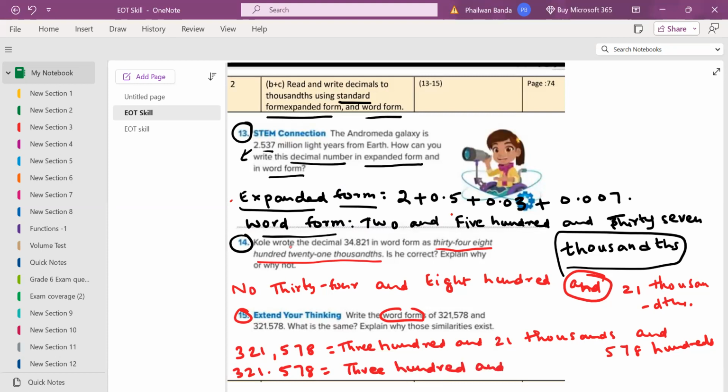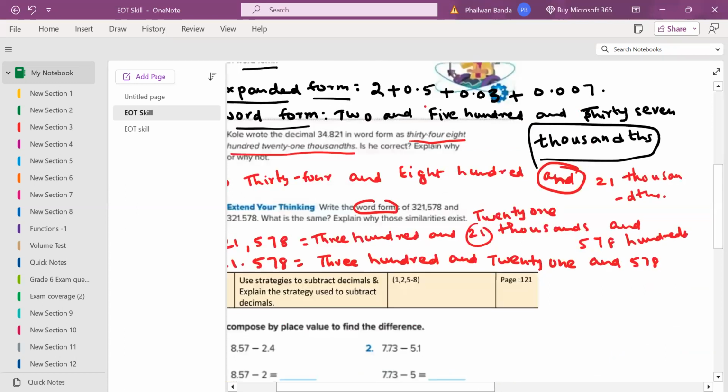321. Sorry, this 21 you can write like this because it's a word form. 21 and this 578 you can write in the word form thousandths.